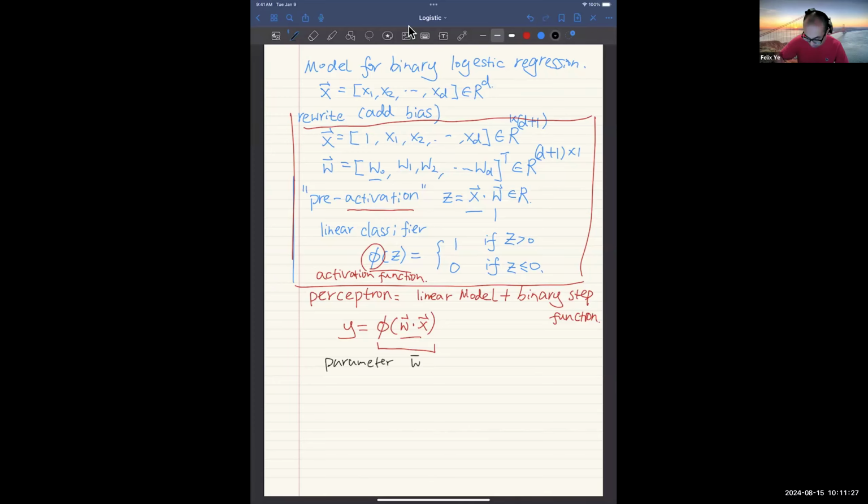It's just my W right here, which is in R^(D+1), that is to be learned. Hypothetically, if we can find an optimal W right here, then we have input my X, which is my feature. Then we apply this binary step function. It will automatically give me Y in ones and zeros.